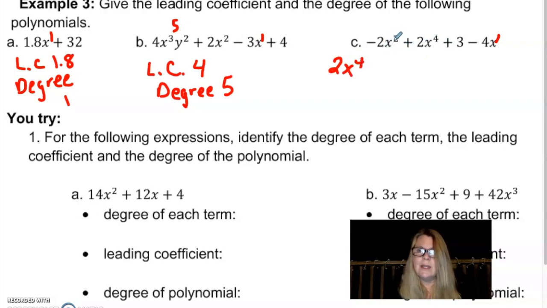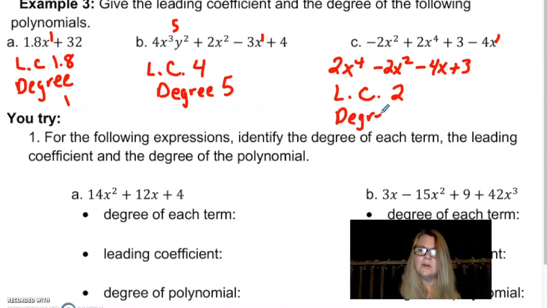Then we would go to the next one, which would be a negative 2x squared. Then we'd go to the 1, so that would be a negative 4x. And then the constant, which is plus 3. So our leading coefficient is the coefficient of the first term, which is 2. And the degree of the polynomial is your highest exponent. So in this case, the degree would be 4.